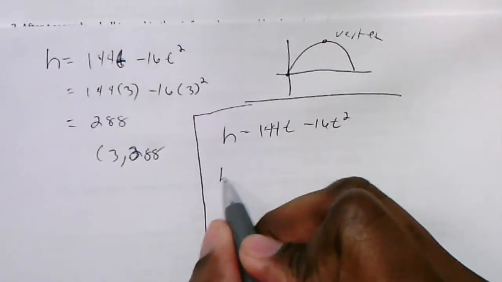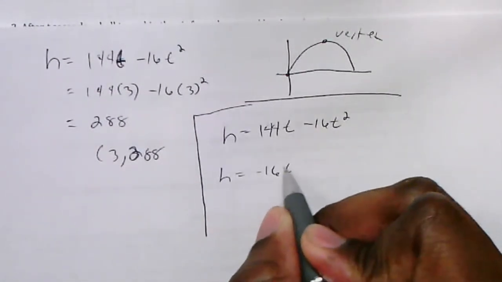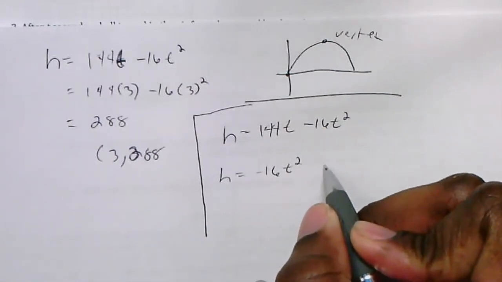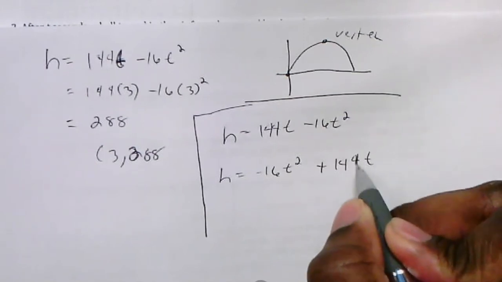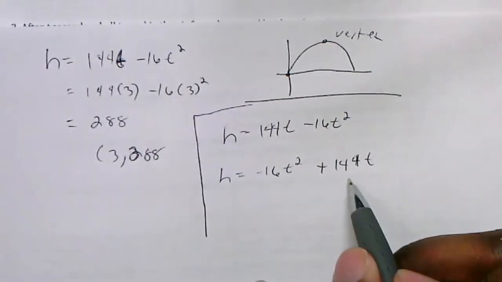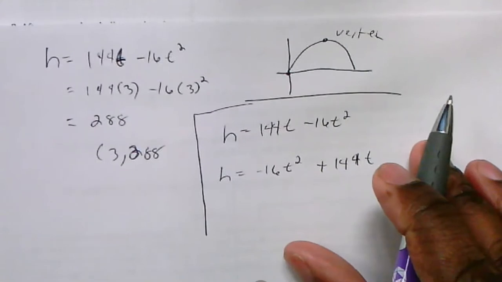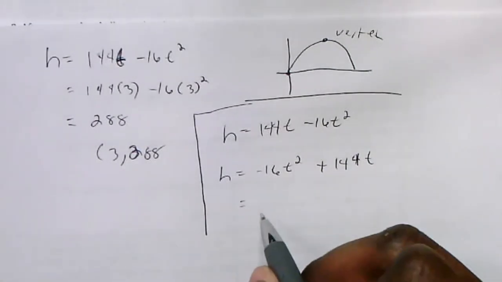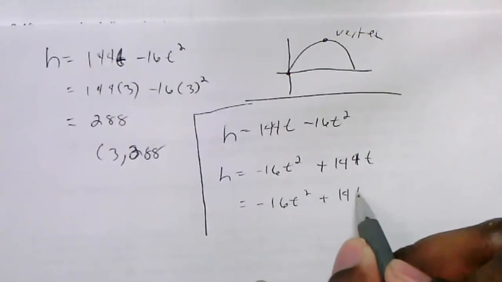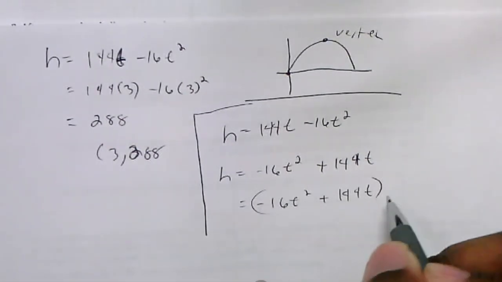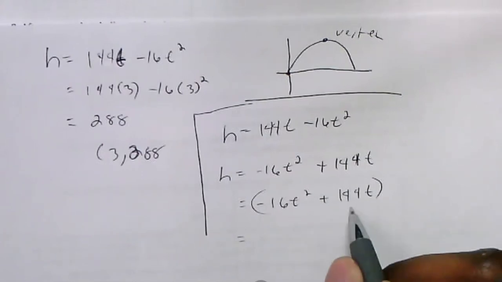So it's going to be h equals negative 16t squared first, plus 144t. It should be positive 144 because that's positive. Afterwards, you should group together the terms with variables. There's only 2 terms with variables in them, so group these together and factor out a negative 16 from both.